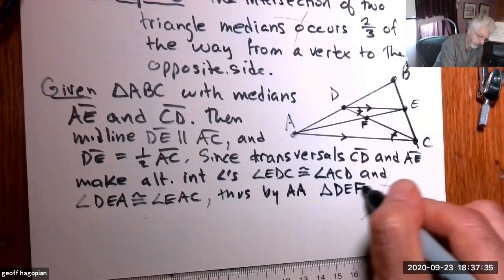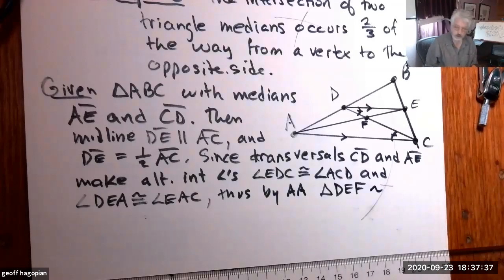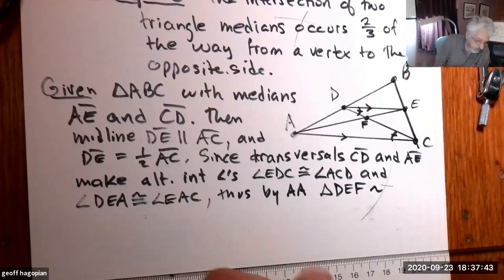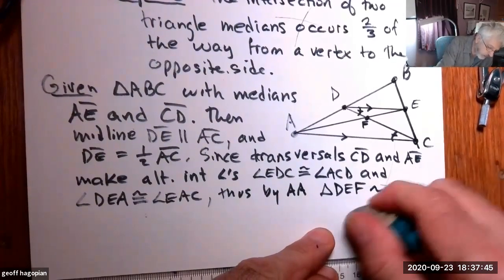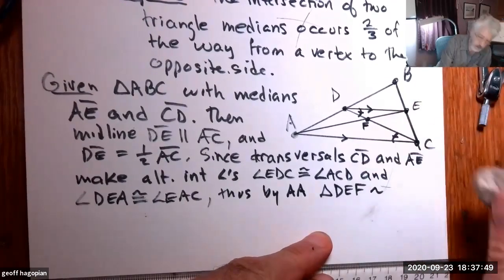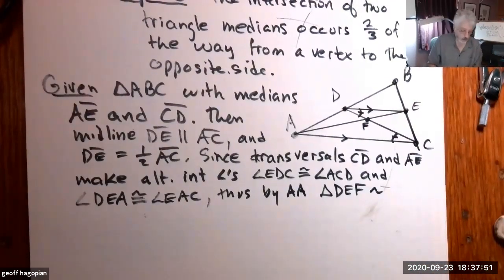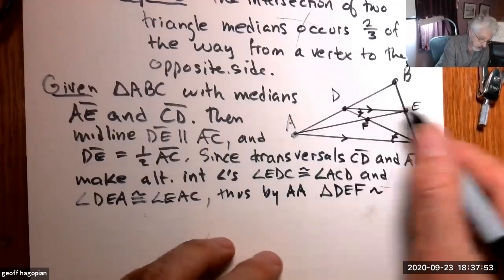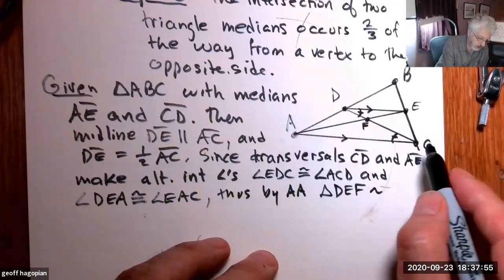DEF, and here's the notation for similar, right? You just draw a little squiggly line like that. Similar to what? Well, DEF, so the corresponding angles are CAF, right?